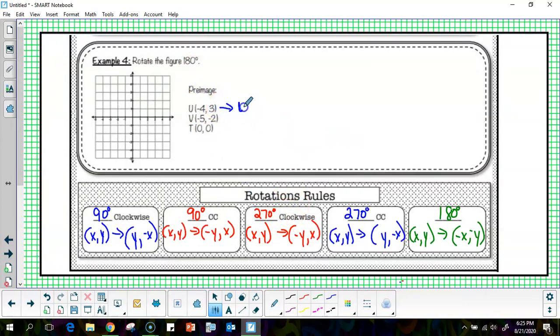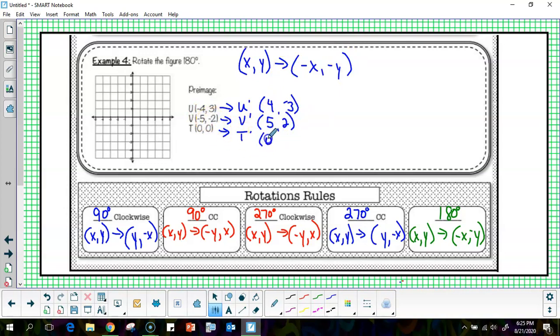So we can do the image ordered pairs by just changing each of these to their opposite. So (4, negative 3). Let's write the rule up here though. Opposite of x, opposite of y. That's going to be (5, 2), and (0, 0).